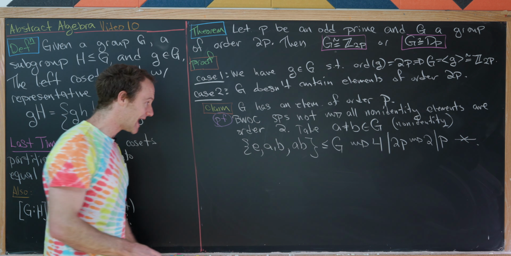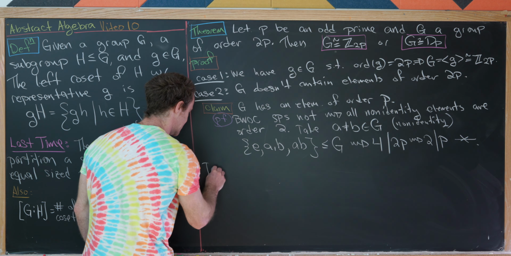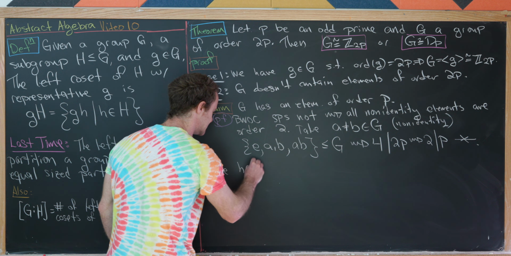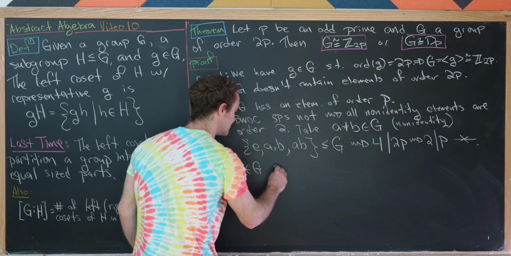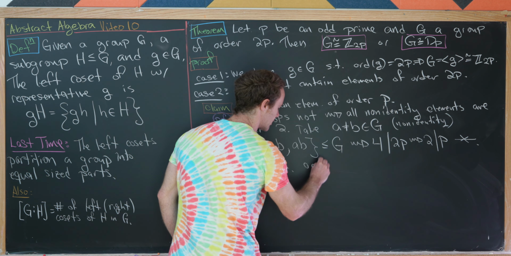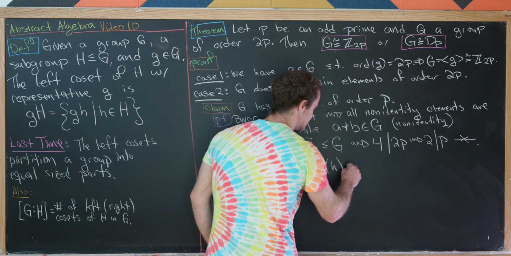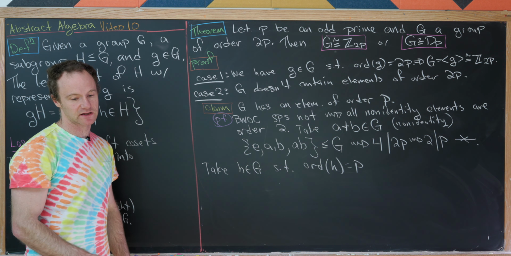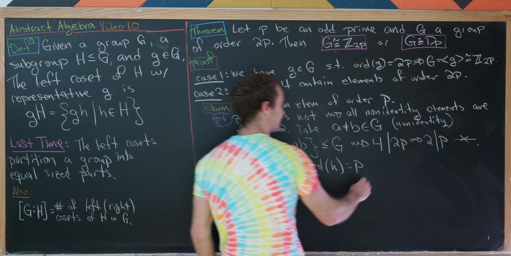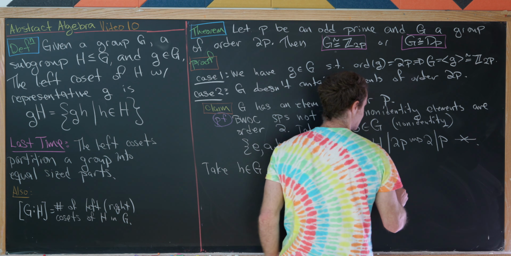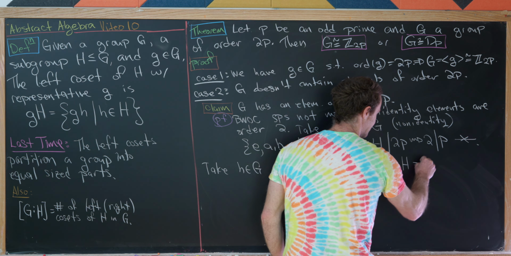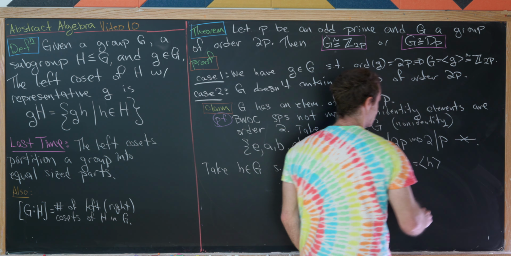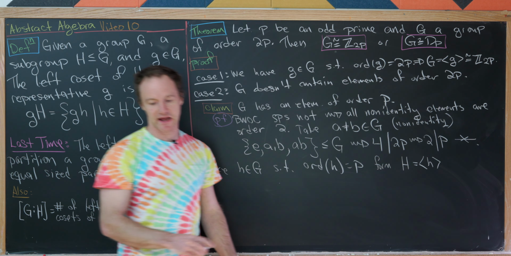Now let's take that element. So let's take h inside of G such that the order of h is equal to p. That's possible by the proof of this claim. And now let's form the following subgroup. I'll call it capital H, but it'll simply be the cyclic subgroup generated by h.